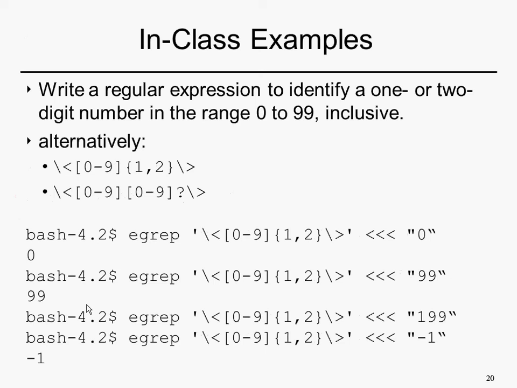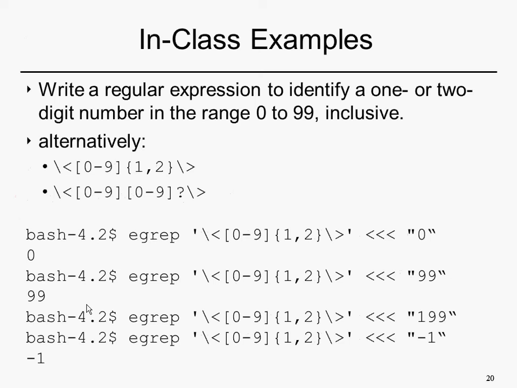It could be the beginning of the line. It could be the end of the line. It could be other things like a star character or an exclamation point or whatever. It just can't be a so-called word character, which are defined as being the alphanumerics and underbar.